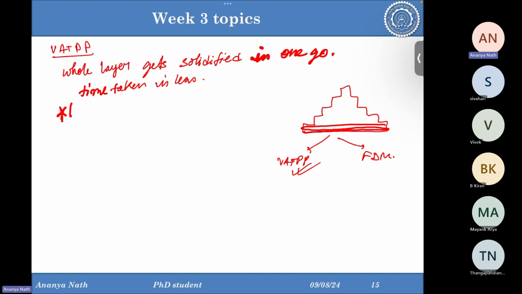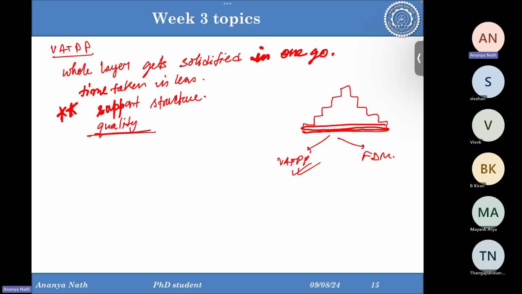Also, one very important point is the support structure. This is very important that when you deposit material in other processes, you can never get a quality like you get in a liquid AM process.